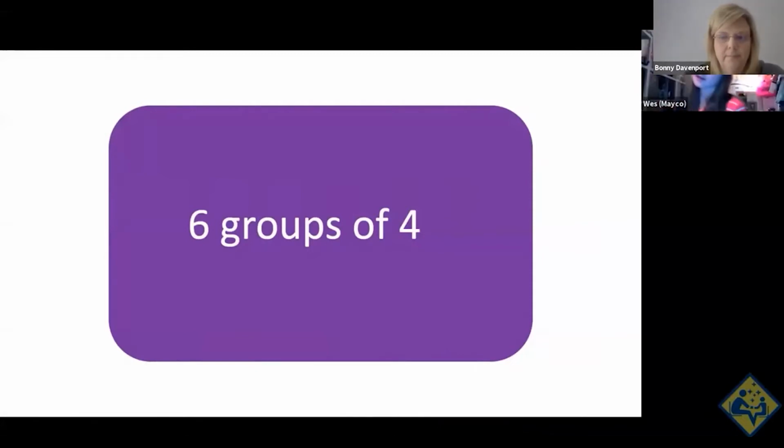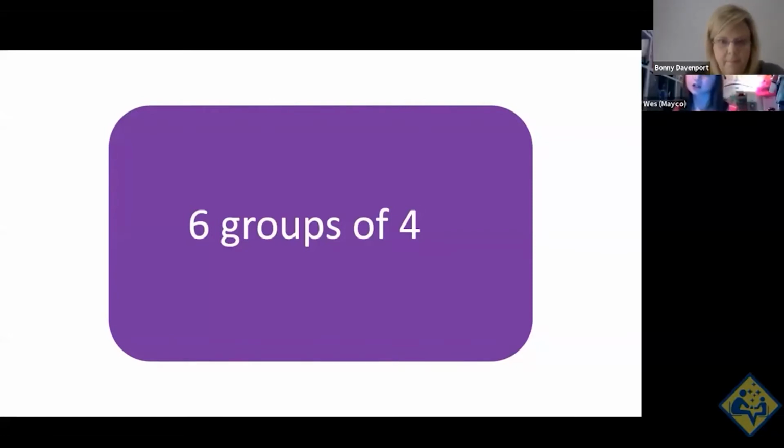If I have 6 groups of 4 hidden under this screen, how could I figure out how many that is? So the way I would do it, I would do 6 times 4, which would be 24. Okay, so it's one of those you have memorized. Is there a way we could check it? How could you check it to make sure? I would do the dots. Okay, so talk to me about that. So 6 groups is like the 6 strips.